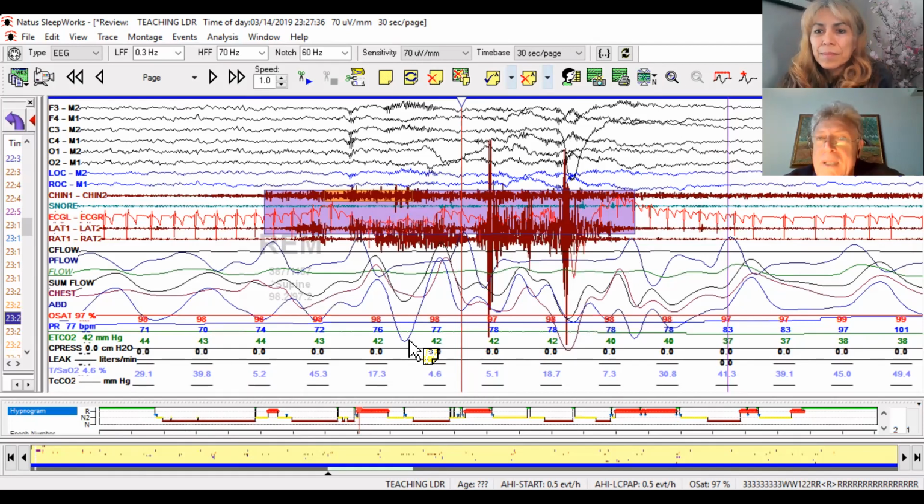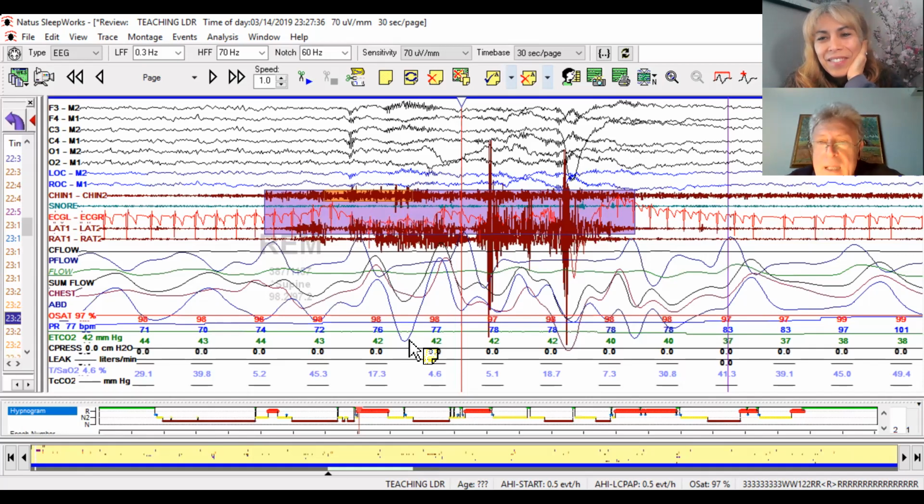The problem is that the AASM manual does not tell you how many is too many. And the manual specifies that PLMs, for example, are not included when we include REM without atonia. During REM, usually movements are not periodic. Right, so these are movements, not PLMs. So it is not clear. It is not clear, at least to say so. In my view, they're wrong rules.